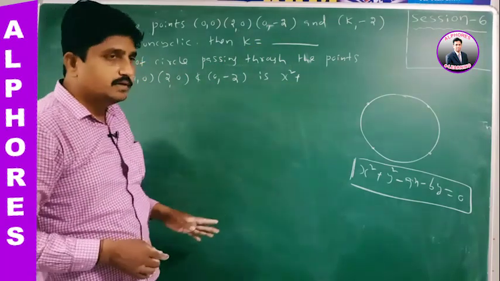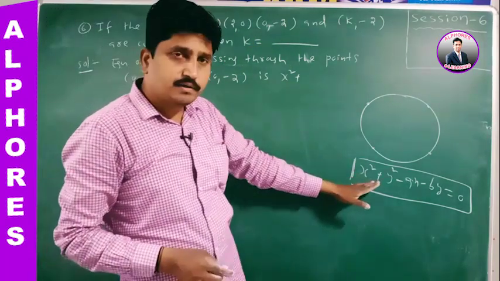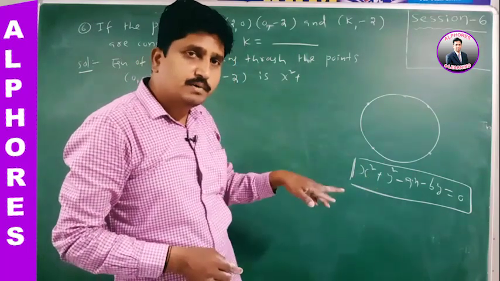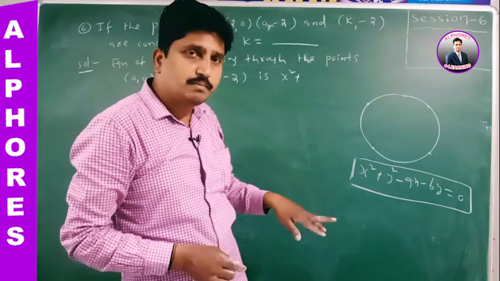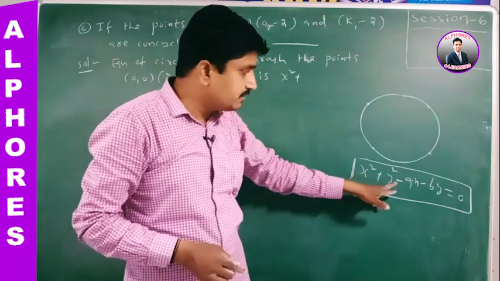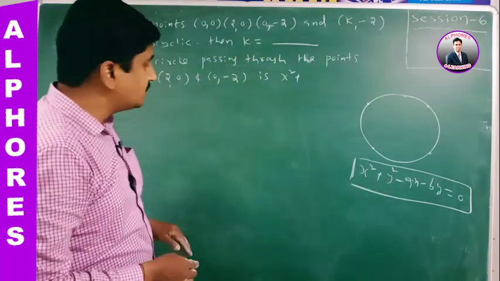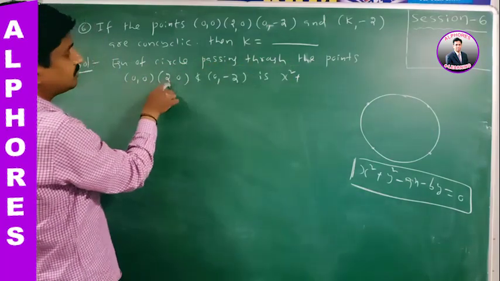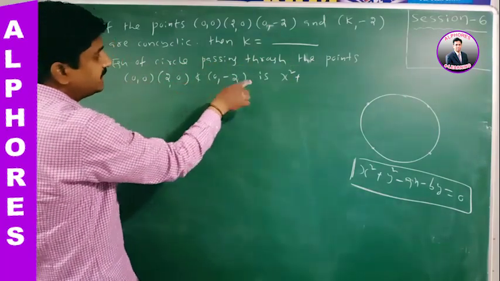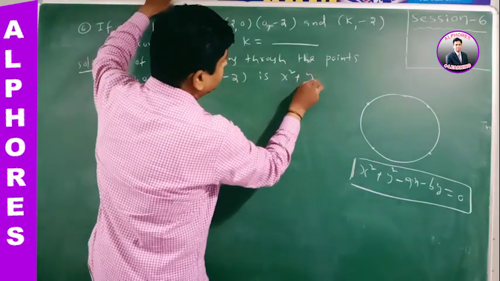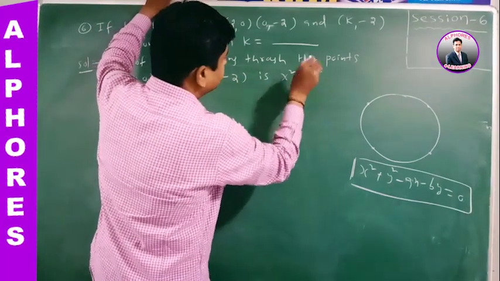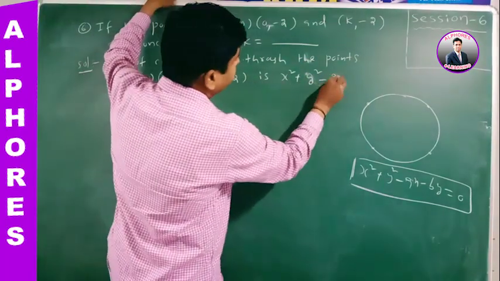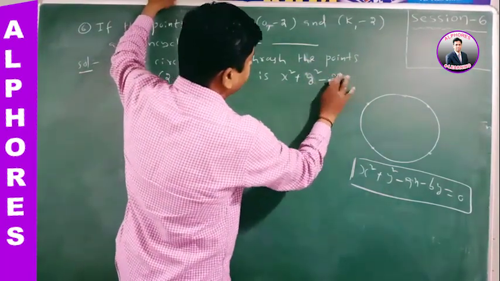Already we discussed this point in the note. The equation of circle passing through 0, 0, a, 0 and 0, b is x square plus y square minus ax minus by equal to 0. Similarly, the equation of circle passing through the points 0, 0, 2, 0 and 0, -2 is x square plus y square, here a means 2, minus 2x.